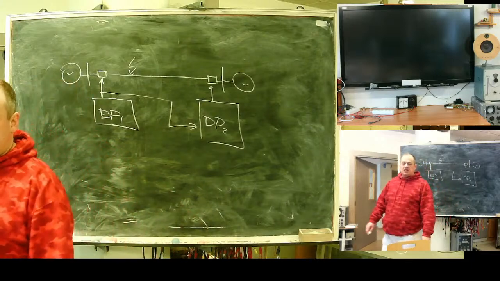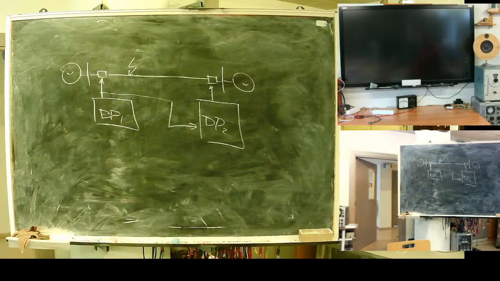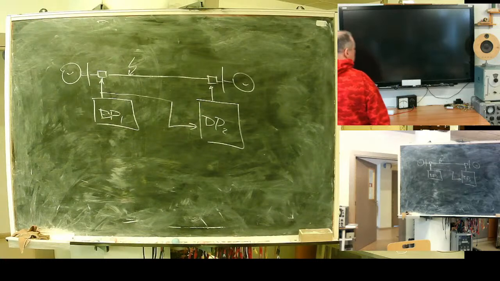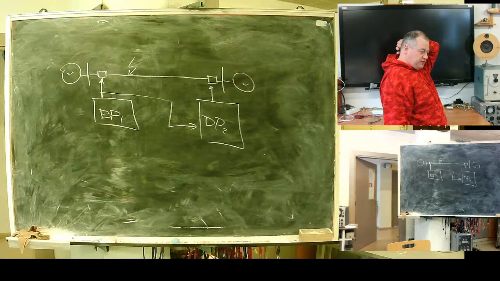If on the one side we have trip of first zone, on the other side it will be second, do not wait. If first zone activated, send the signal through the communication infrastructure if you can.